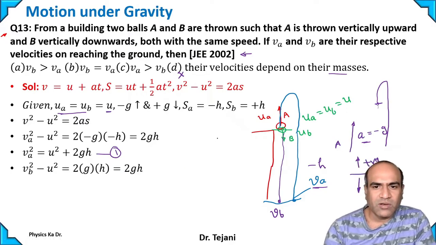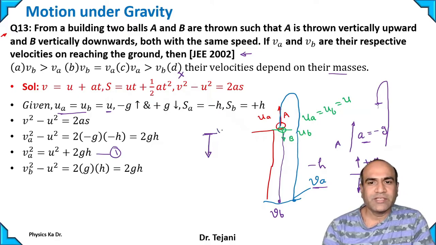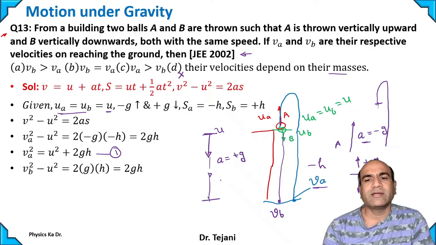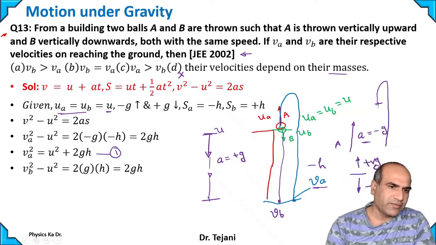For the second ball, which is moving directly from the top, having initial velocity u and going down, acceleration is equal to plus g. And whenever we are considering a single direction movement, direction positive or negative is not required, so don't go for that.